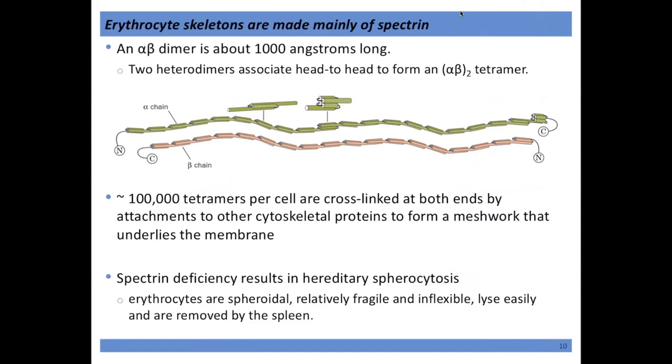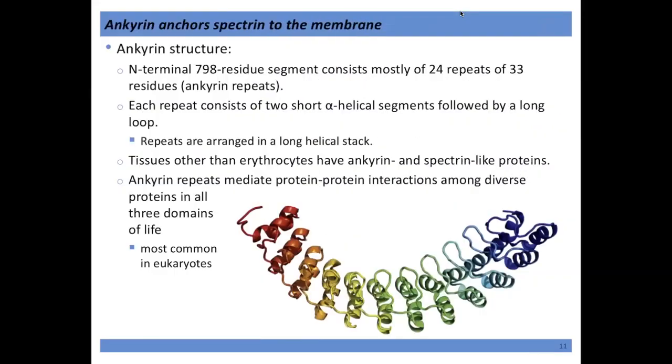For some reason, this was really bothering me. So we're not going to really talk about the structure of spectrins. I don't believe the book, like I said, gives an adequate description nor a good image of how these spectrin proteins associate. And that's the same with the ankyrin structures.